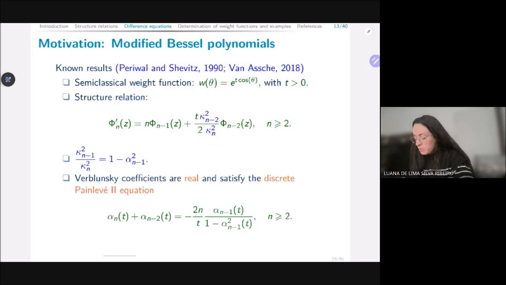And the Verblunsky coefficients, since this weight function is symmetric, are real, and they also satisfy a discrete Painlevé equation of type 2, that is in this form. So this is well known, can be found here, and first appeared here in Periwal and Shevitz in 1990.